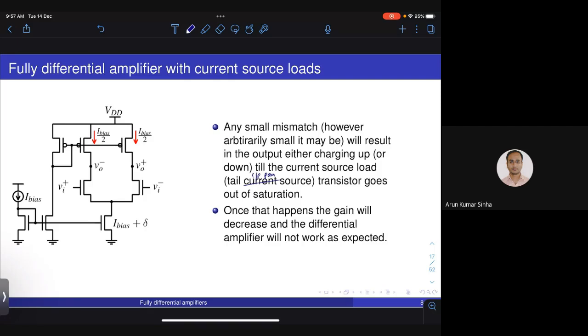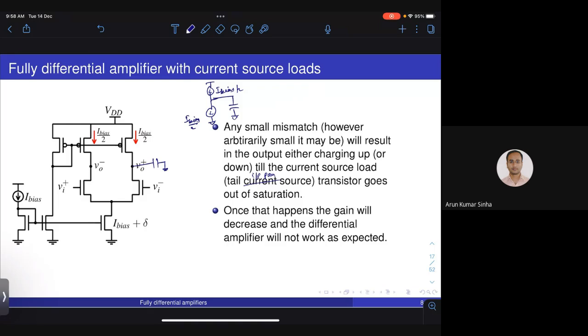So basically, if somebody was asking, can I repeat? The thing is like this. If you look at the circuit, look at this output capacitance. You have an output capacitor here. It is being charged by some current I bias by 2. It is being discharged by some current of I bias by 2.